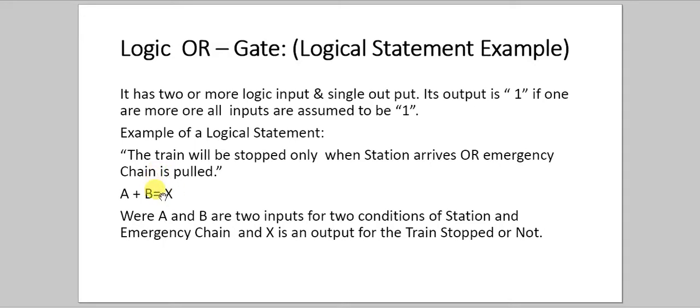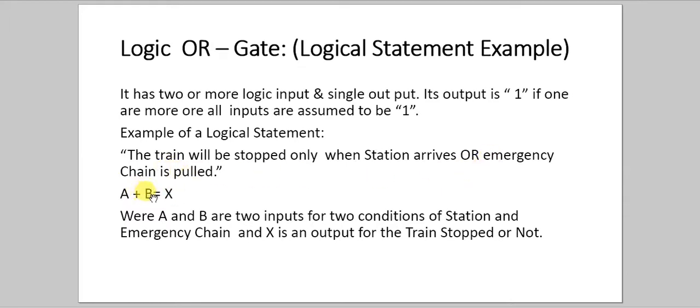Outcome is 1. The arrival of the station is one of the possibilities: the station arrives or doesn't arrive, so it can have 0 and 1. If it arrives, it means 1; if it doesn't arrive, it means 0. Or the emergency chain is pulled. The chain is again either pulled or not pulled.